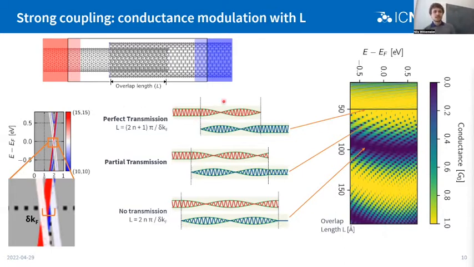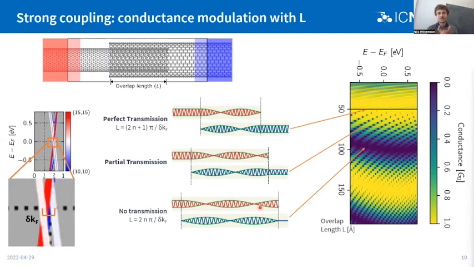Well, as this wave enters the overlap region, it's going to split into two wave components. We can see that here in the band structure again: the two white bands are split in energy, or split in momentum.